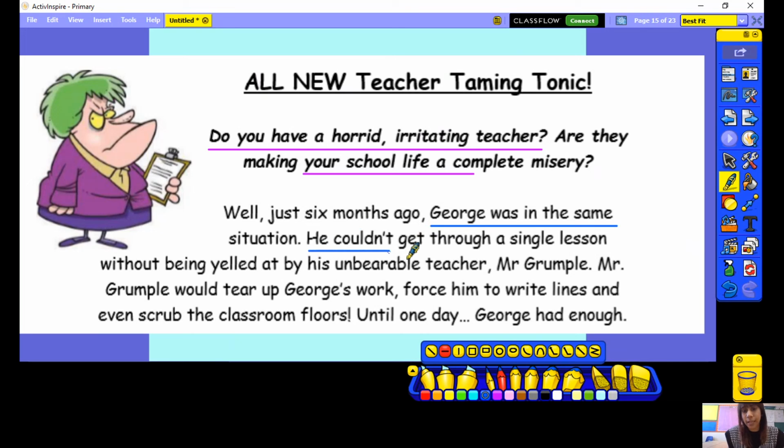He couldn't get through a single lesson by his unbearable teacher. Would tear up George's work, force him to write lines, until one day George had enough. So you can see there's been a switch in perspective. I have got my second person because I'm talking to somebody, and then I switch to third because I'm talking about somebody.